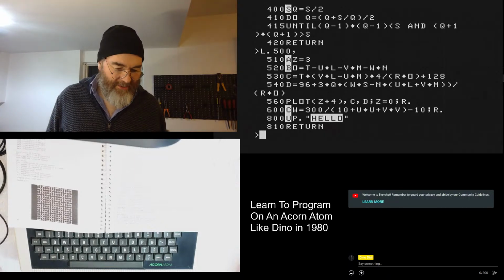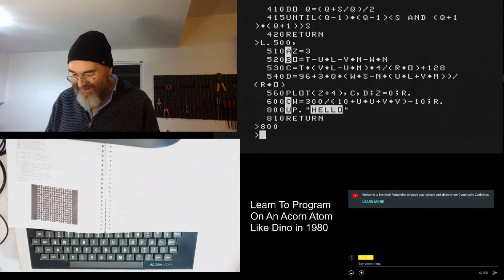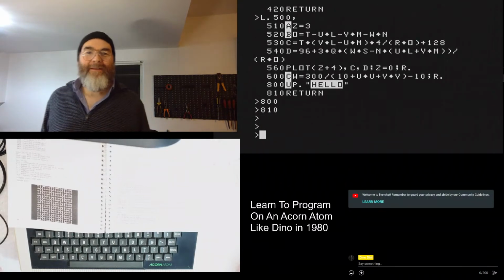D equals 96 plus 3Q times WS minus N UL plus VM and divided by R times O. Line 560, plot Z plus 4, comma C, comma D. Z equals 0, return. And 800. Oh, right, that isn't part of the program. That was debugging. Let's try it.